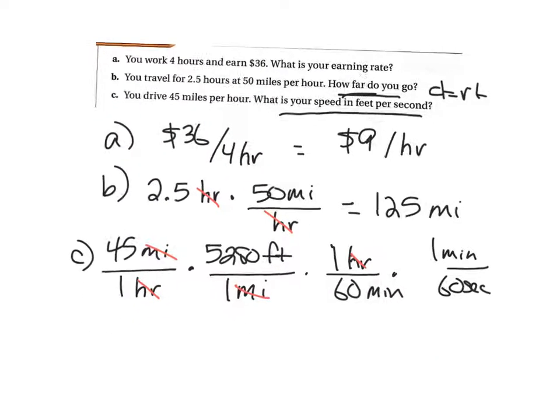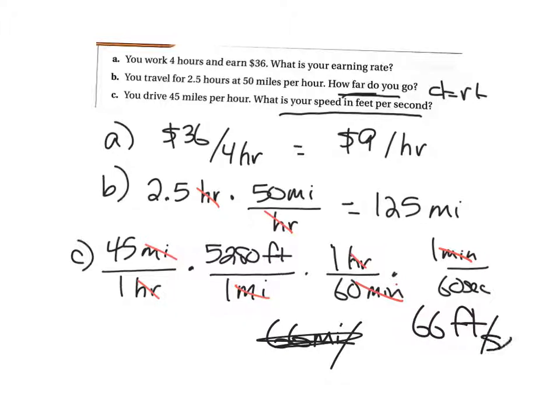So what happens then is now my minutes cancel. And if I let my calculator, on the top 45 times 5280 and on the bottom 60 times 60 and divide it, it comes up with exactly 66 miles, not miles, we changed it, sorry about that, 66 feet per second.